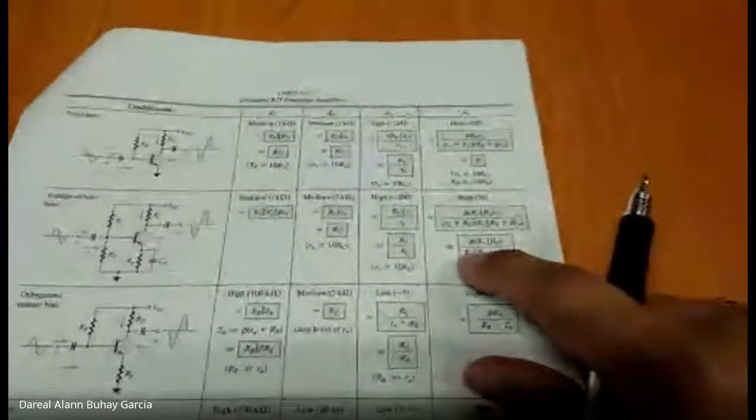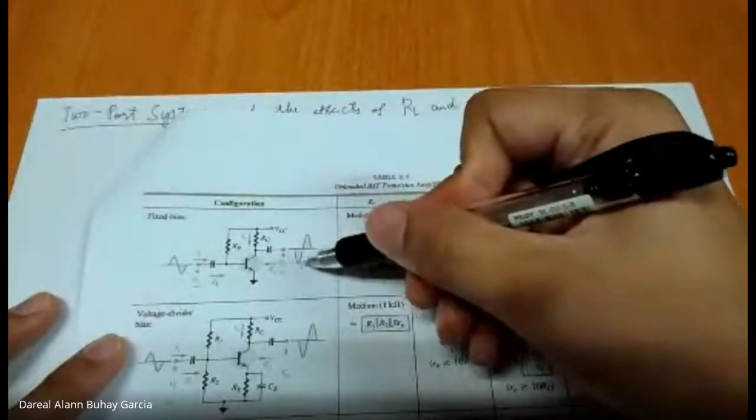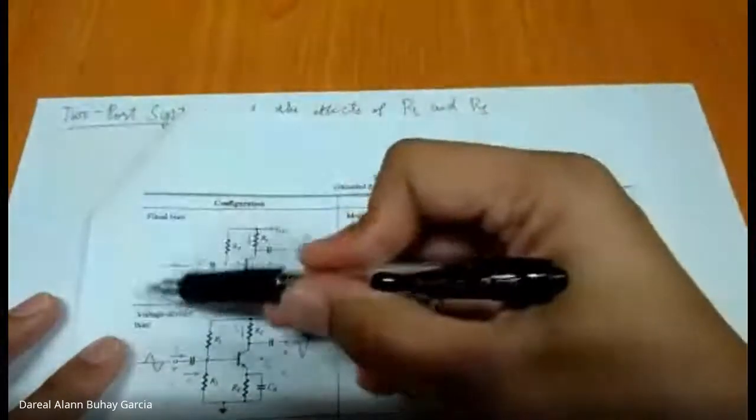Okay? So again, input impedance, output impedance, and voltage gain. Yet the voltage gain in those situations is the unloaded voltage gain. For example, in this amplifier, we have not yet connected the load or the source.